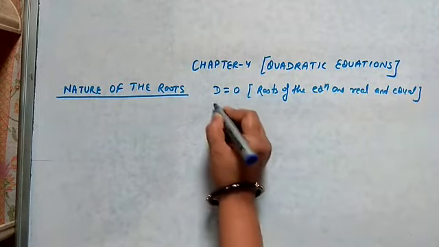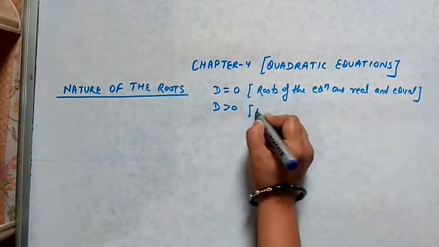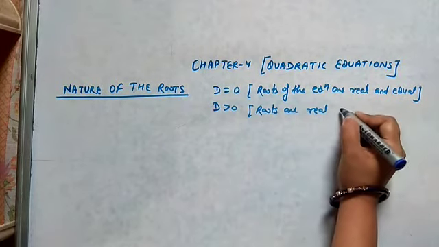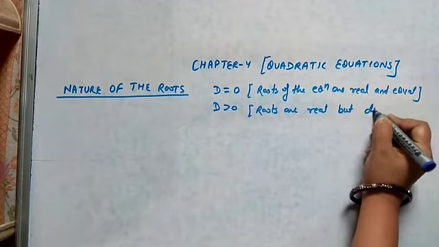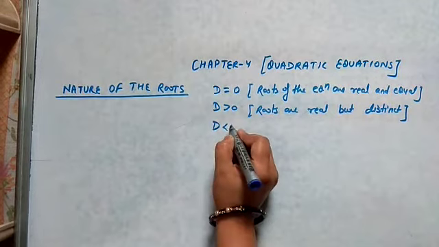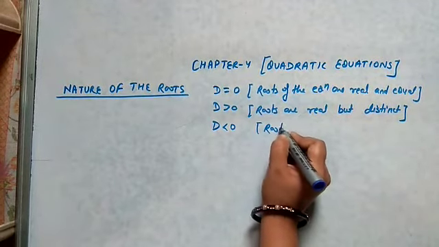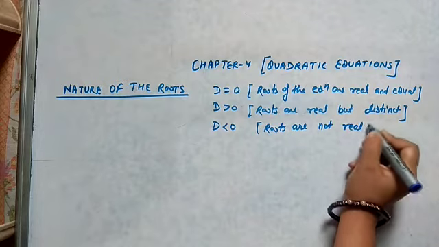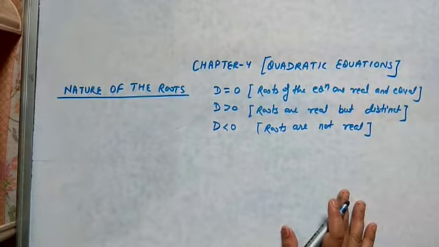In the same way, if D is greater than 0, the roots are real but distinct. And if D is less than 0, the roots are not real. So these three conditions we have discussed.